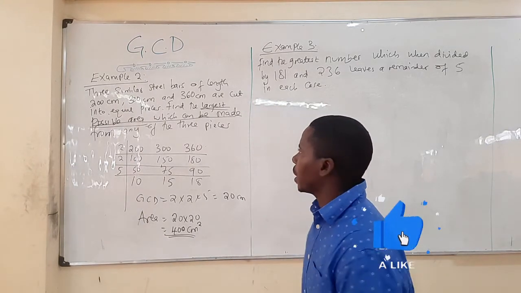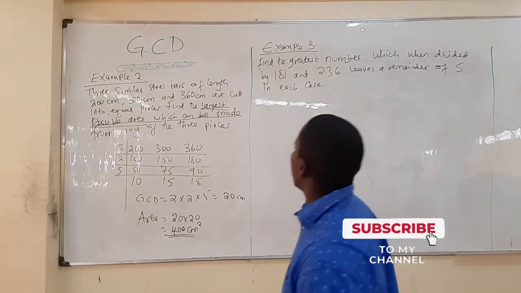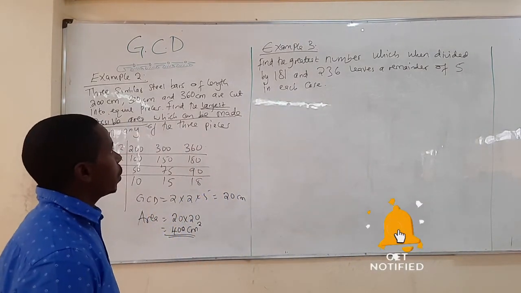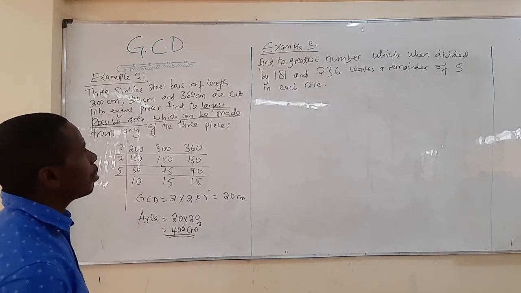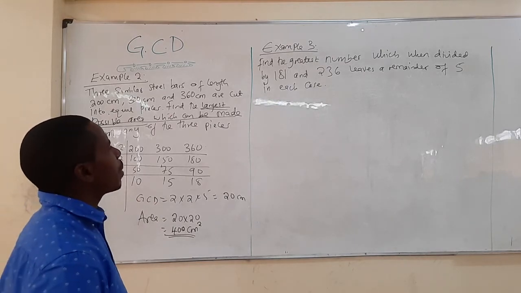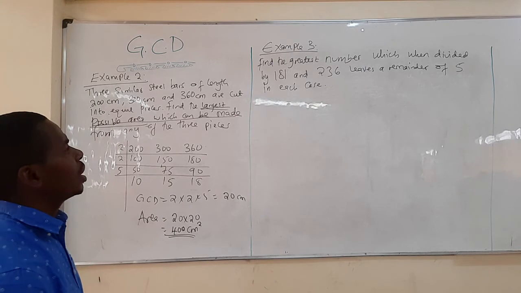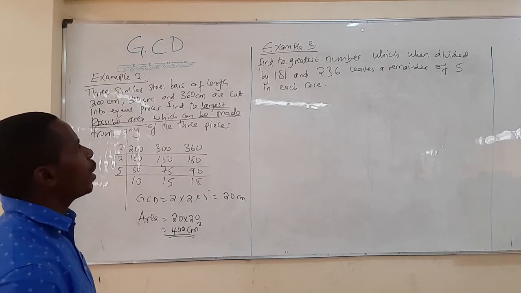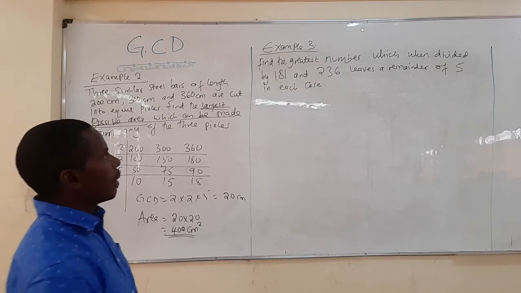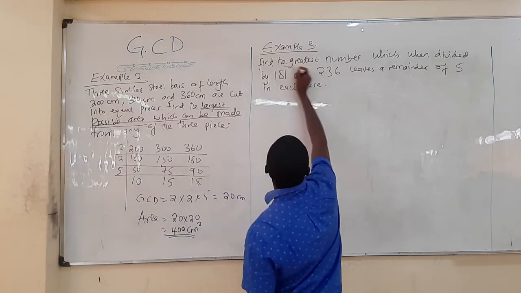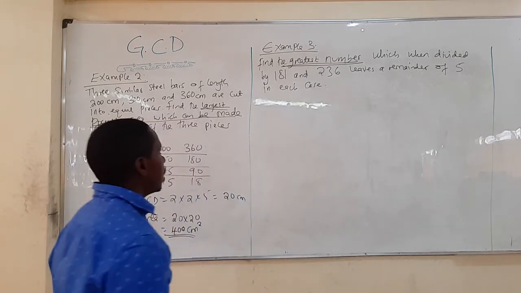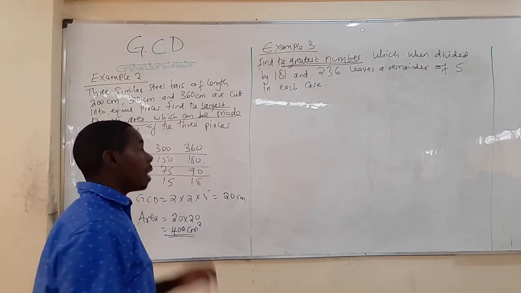Then let's look at the last example here. The question reads: the greatest number which, when it divides 181 and 236, leaves a remainder of 5 in each case. Our keyword here is the greatest number, or the largest number, the maximum number.